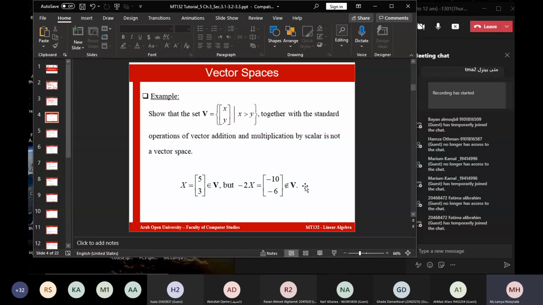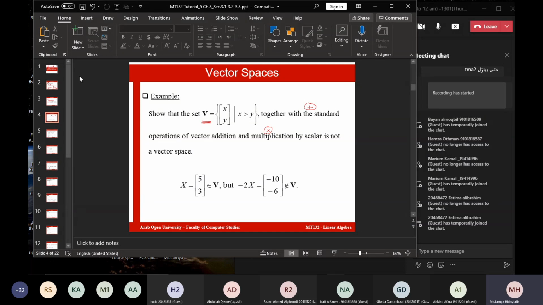So we have this set of vectors, together with the standard way of adding vectors and the standard way of multiplying by a scalar. Prove that this is not a vector space.